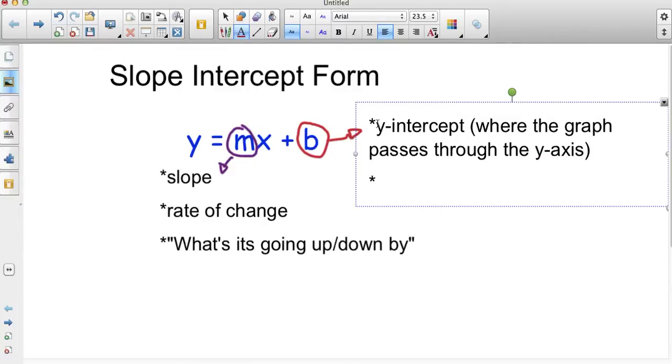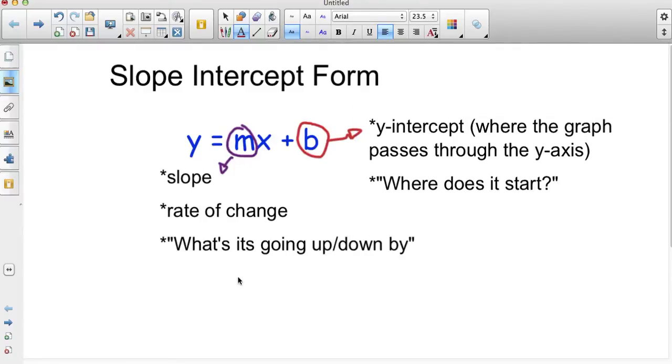In layman's terms, where does it start? Again, I'll show you an example here coming up as to how we can use both of these.